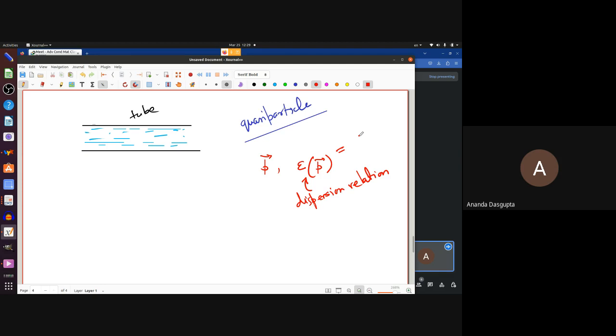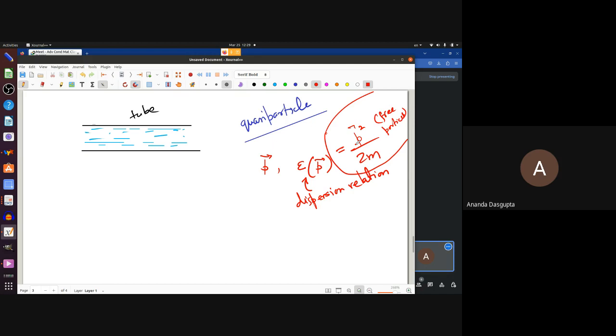It's a very simple result which you have known since class 12 or even earlier. What is the kinetic energy of a particle? P squared by 2m. Exactly. So this is for free particles, not for all particles, of course. There are other kinds of particles which have different dispersion relations. Okay.